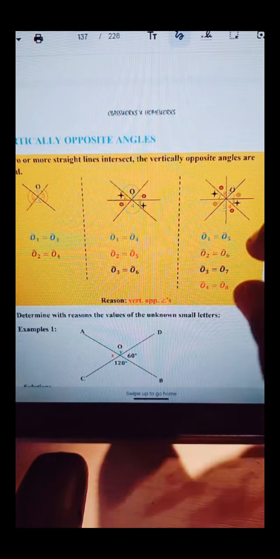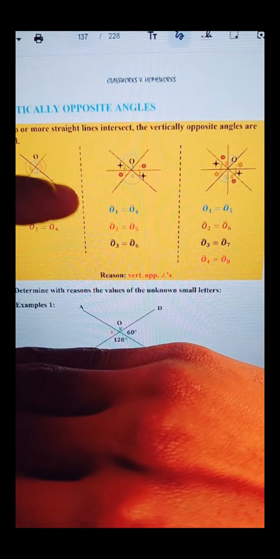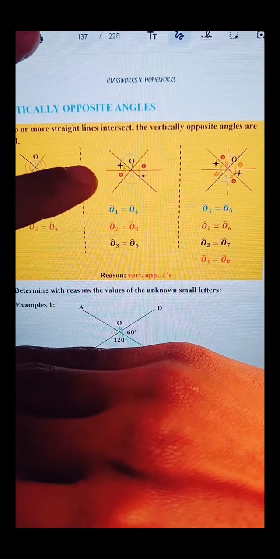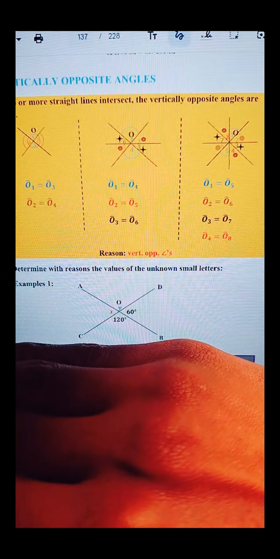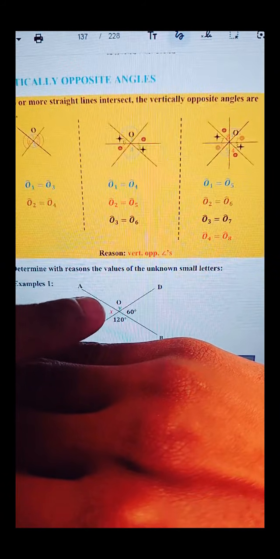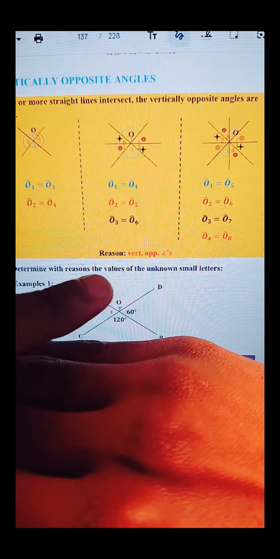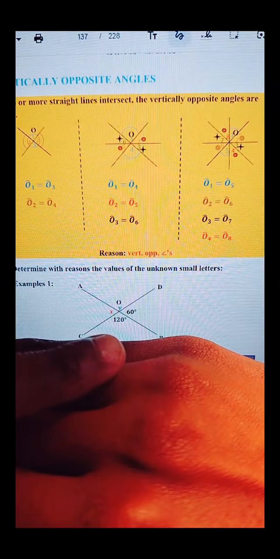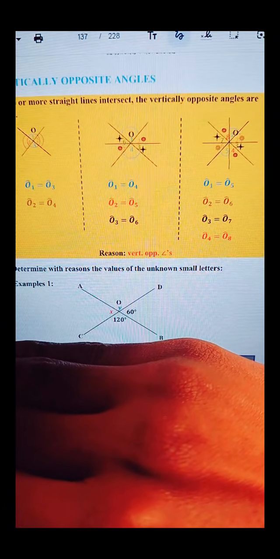Okay, so let's go and look at an example so that we can be clear about this. The example below says: determine, with reasons, the value of the unknown small letters. So here we have x at the top, we have x on the left, we have y at the top. Y is vertically opposite to 120. X is vertically opposite to 160.